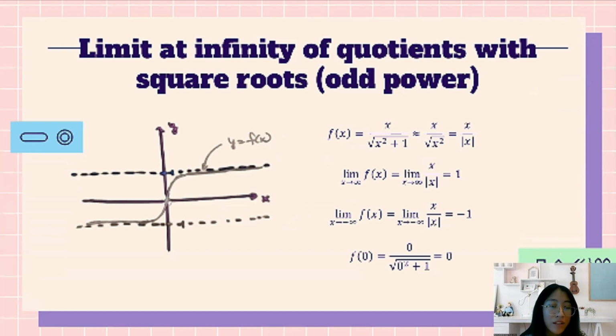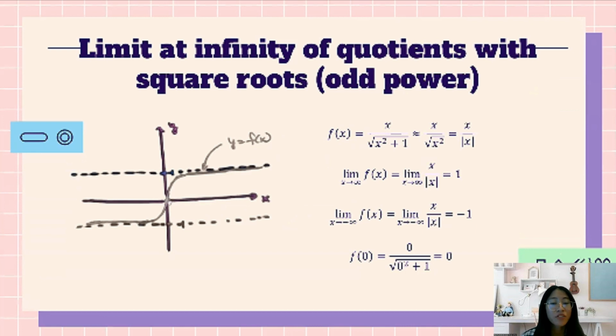And if we want to plot at least one point, we can think about what f of 0 equals. So f of 0 will equal 0 over the square root of 0 squared plus 1. Well, that's going to be equal to 0.